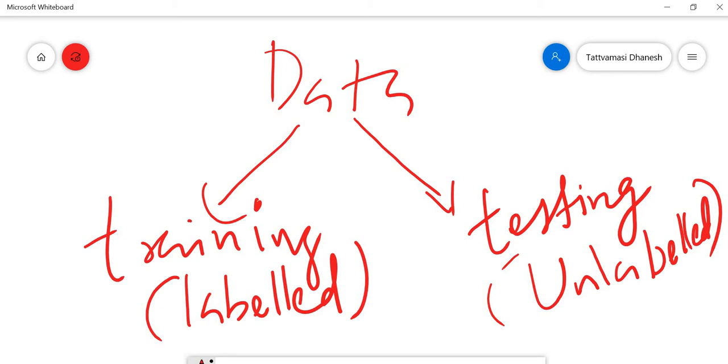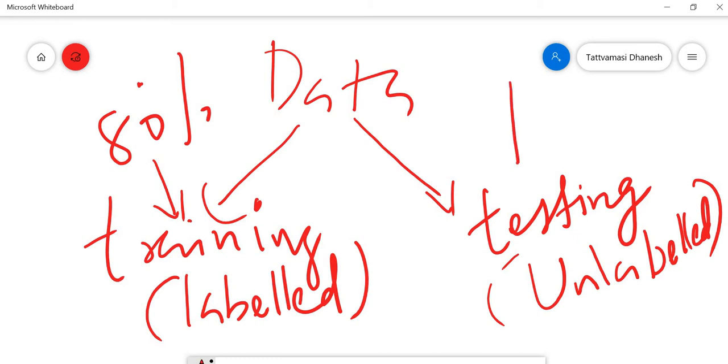Normally when we get a data set, we split the data into two parts: one is training and another is testing. Normally 80% will be the training, and 20% will be the testing. In that way we usually split the data.